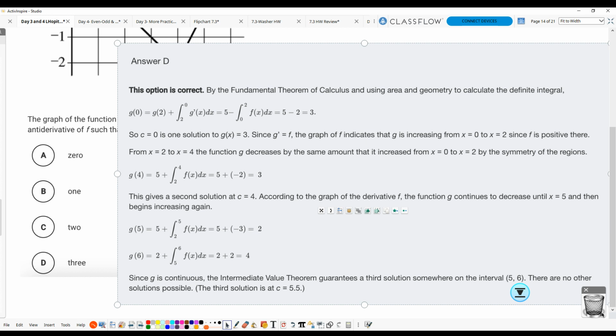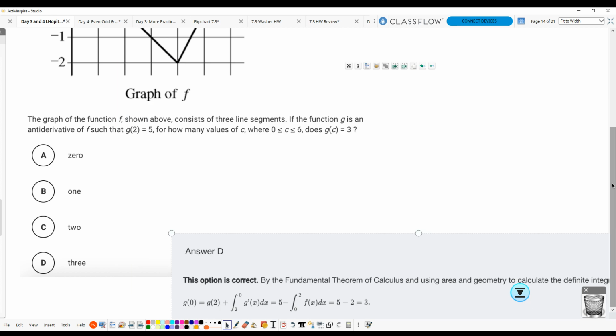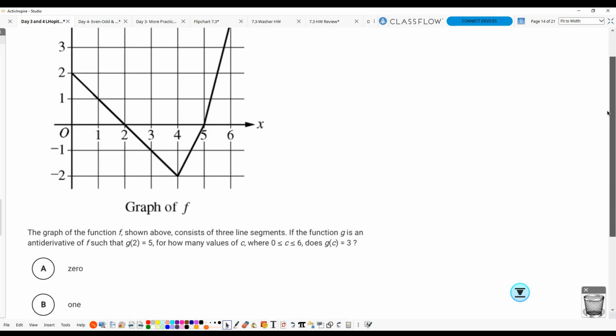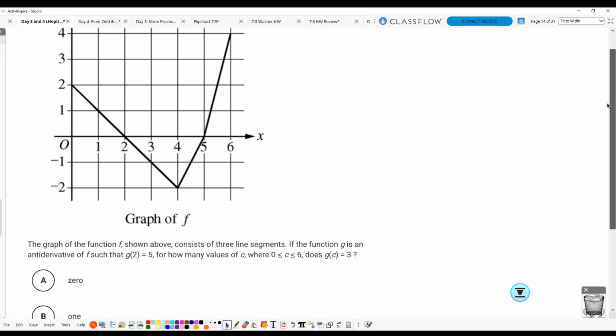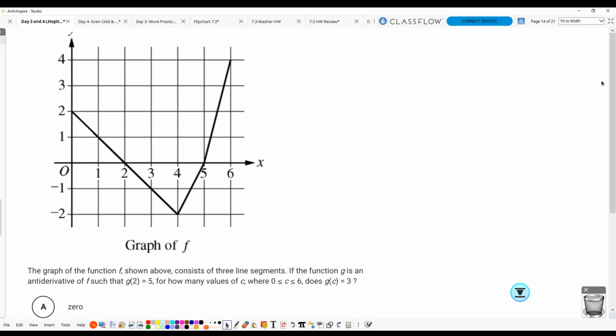So there are 2 places that it's equal to 3. The third solution is c equals 5.5. Oh, at 5.5. Okay.